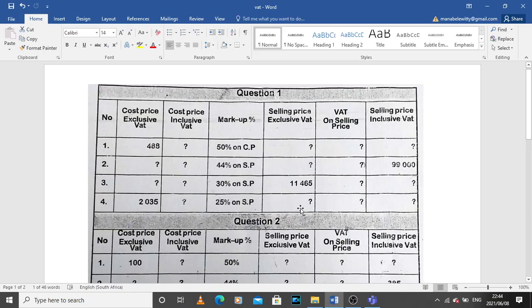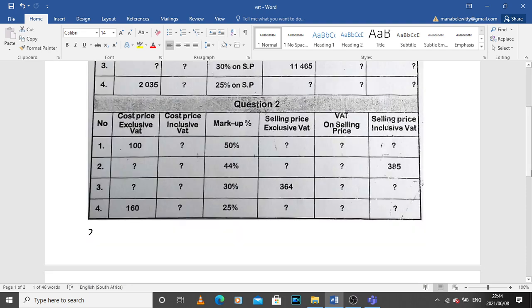Whatever you don't understand, just note it down, and you'll ask me how we do it. As for question 2, they didn't specify on the markup which we are using, on cost price or on selling price, so it might be a problem in regards to calculations.